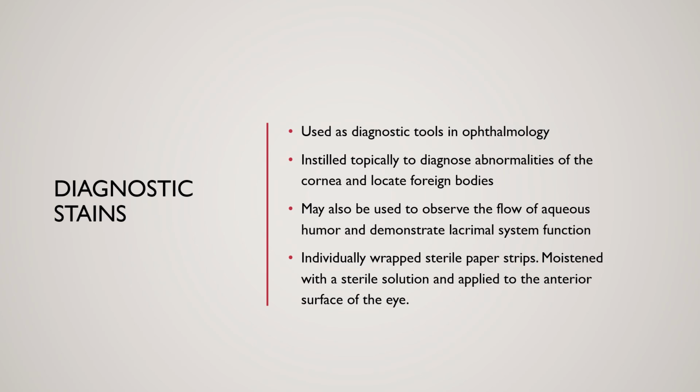They may also be used to observe the flow of aqueous humor and to demonstrate lacrimal system dysfunction. They're usually packaged in individually wrapped sterile paper strips. They'll get moistened with a sterile solution and then applied to the anterior surface of the eye, and that is how we activate those staining agents.